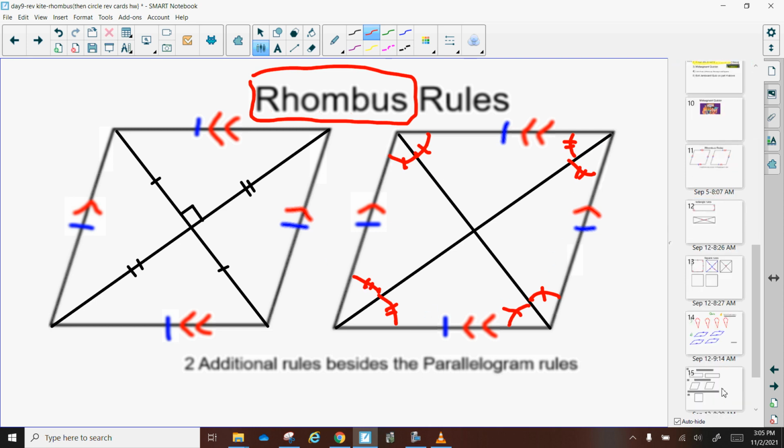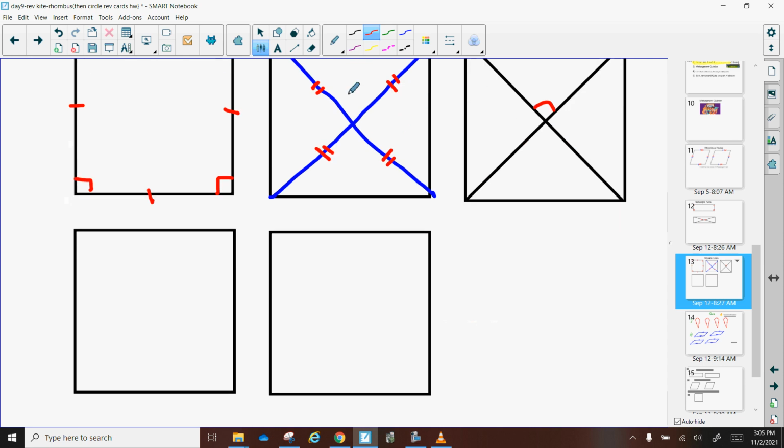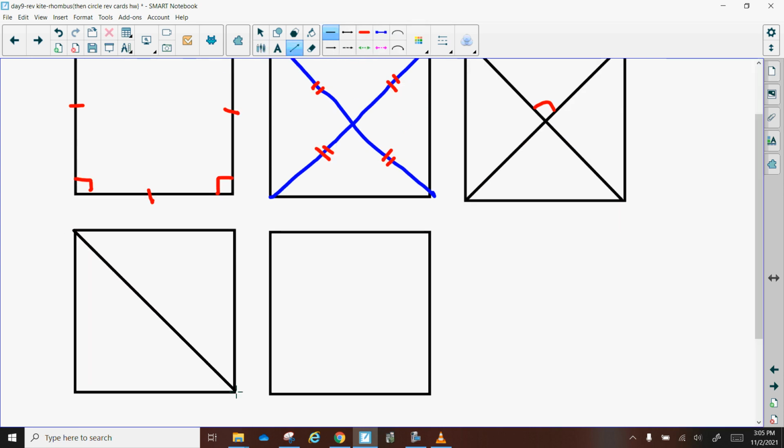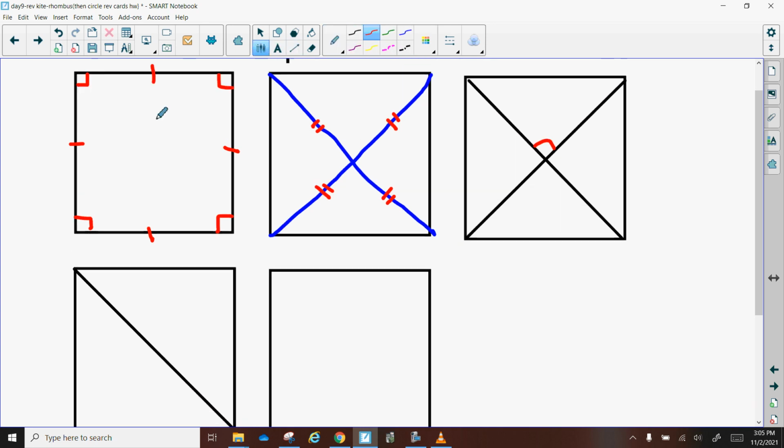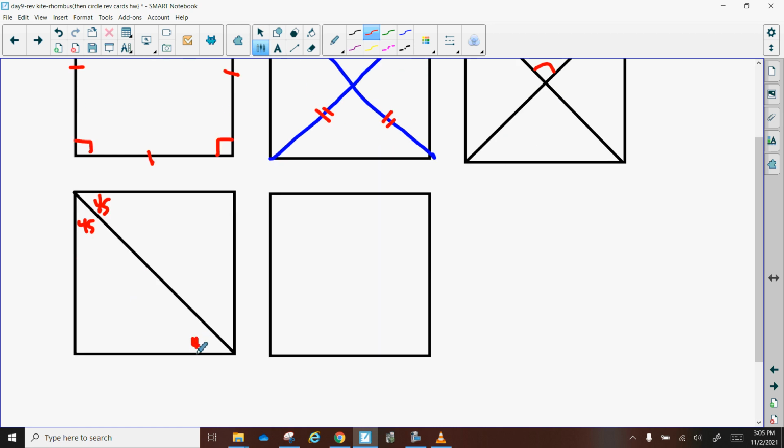So I should be able to come right back up here and add that one in. This diagonal right here is going to bisect this angle. Since we know it's 90 degrees and it's bisected, we know this is going to be 45. This one right down here is going to be 45 because all angles are 90 degrees. So both of those are 45. The same thing is going to be true going in this direction.